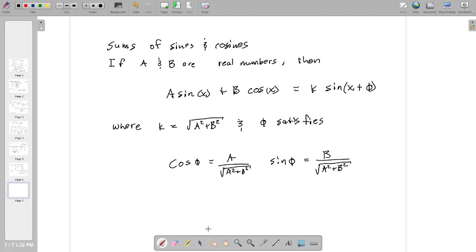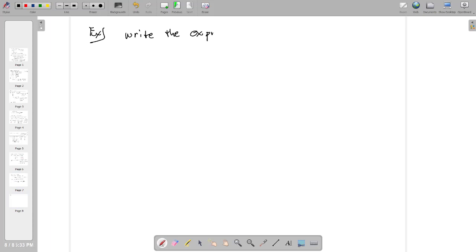Let's do an exercise here. Example: write the expression in terms of sine only. Negative square root 3 sine x plus cosine x. When we're trying to write this in terms of sine only, we're using exactly the property we just learned.